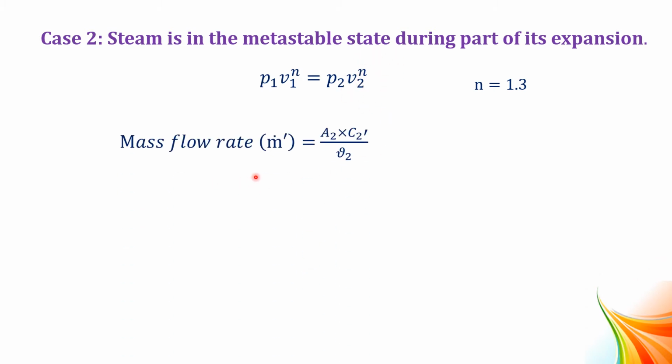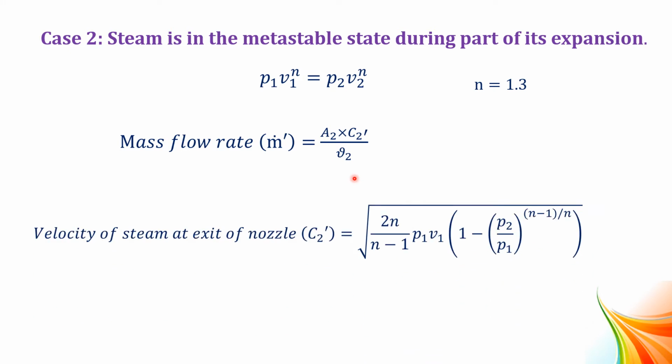Then mass flow rate during metastable state, which is taken as m dot dash equal to A2 C2 dash divided by V2. C2 dash is the velocity of steam at the exit of the nozzle when the flow is metastable or supersaturated. So C2 dash equal to square root of 2n divided by n minus 1 P1 V1 into 1 minus P2 by P1 the whole power n minus 1 by n.